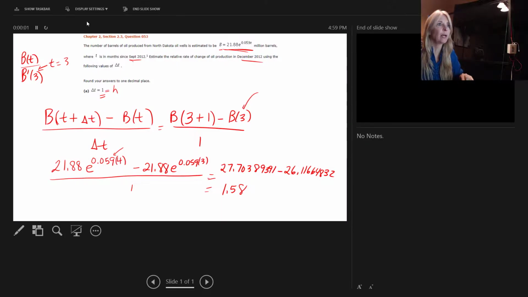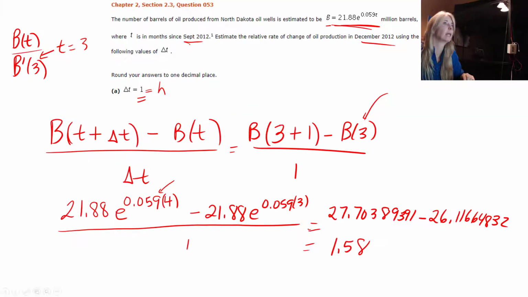So the relative rate of change, remember, as we said in class, for those of you that were paying attention, I wasn't, so I hope you were, is we take the derivative. Why does it keep doing that?